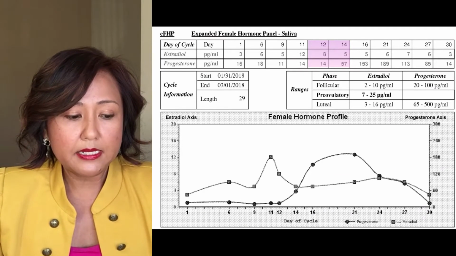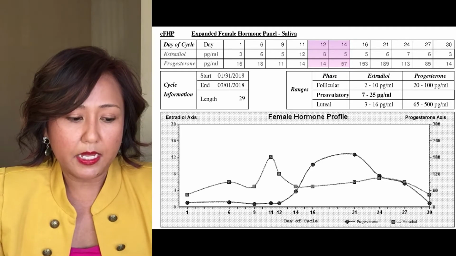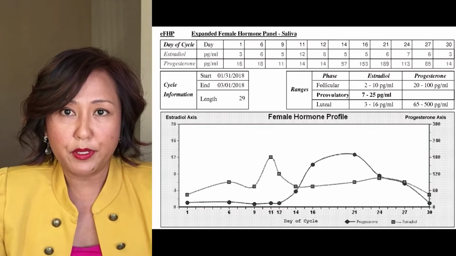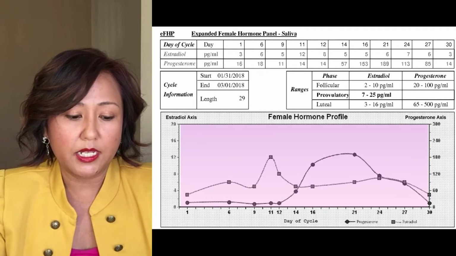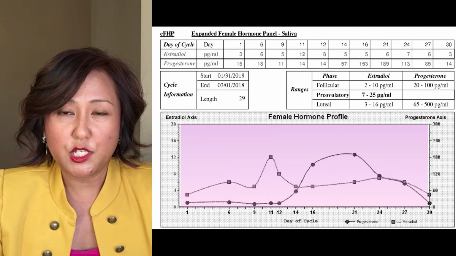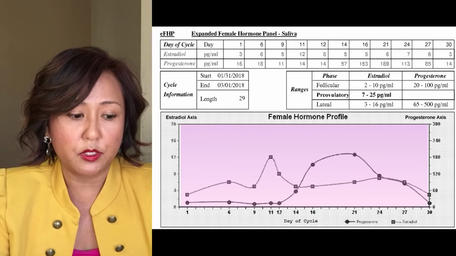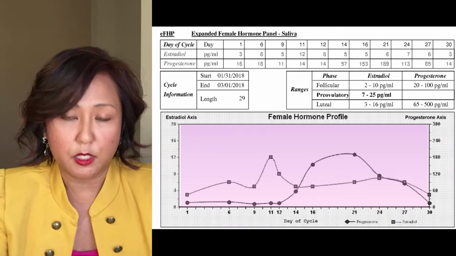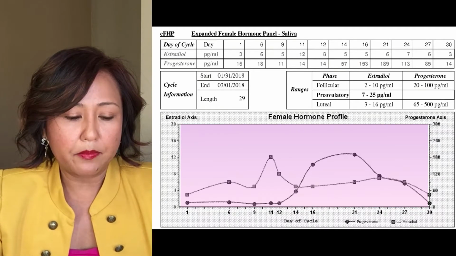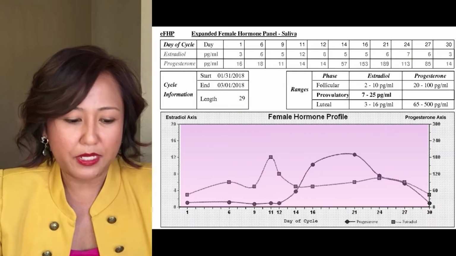So once we look at that table, the corresponding graph is actually a visual representation of all the numbers that correspond to this patient's spit test. Some people are more visual, some people like looking at numbers.